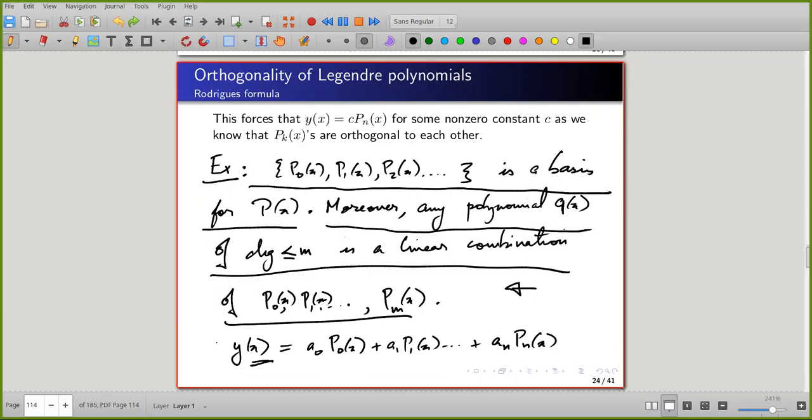Now we have already observed that the inner product of y with pk for k strictly less than n is 0, which means that a0 is going to be 0, a1 is going to be 0, and so on. Therefore, this forces that y is equal to some constant c times pn of x for some non-zero constant c, as we know that y of x is a non-zero polynomial. It has degree exactly equal to n.